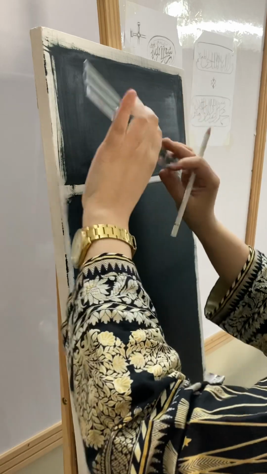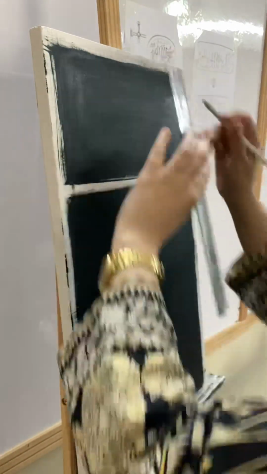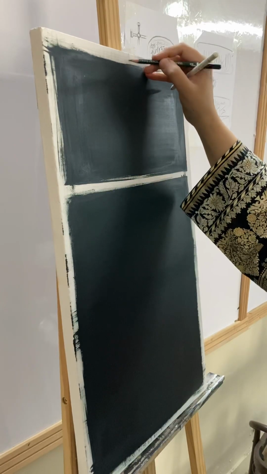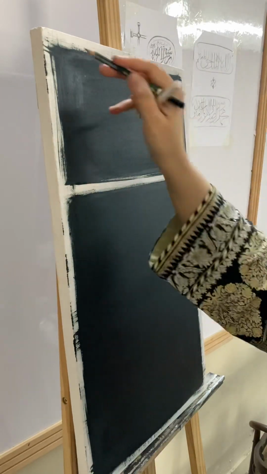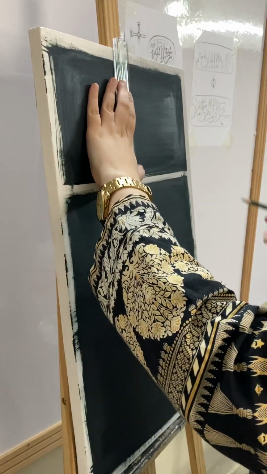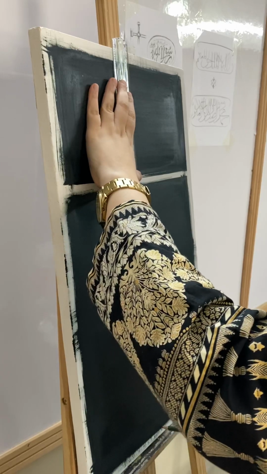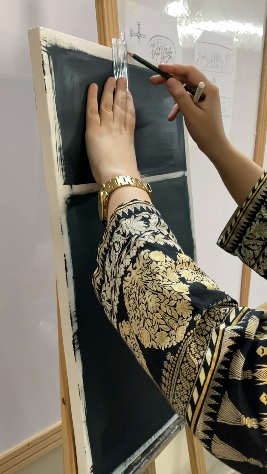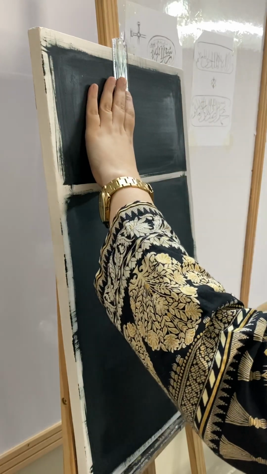So as I mentioned, this is the central part of this canvas, 7 inch. 14, half, 7. So I am going to take this rod, and this rod will go down to the end. It will be like this.